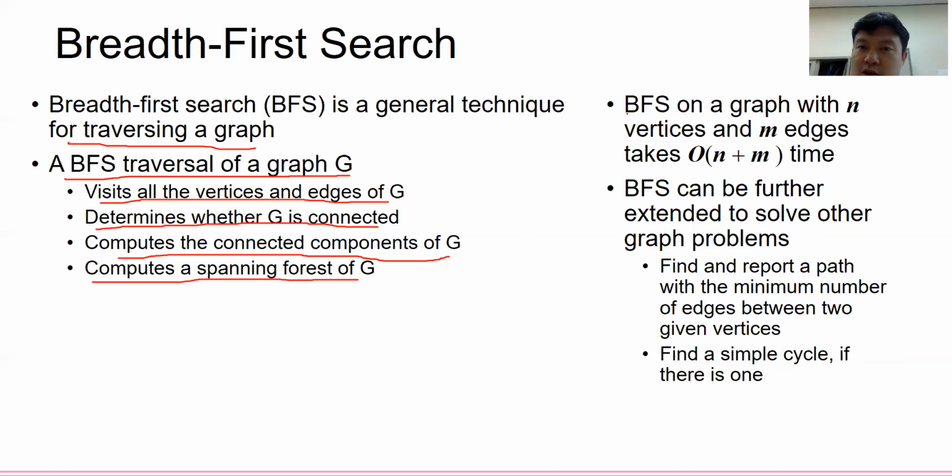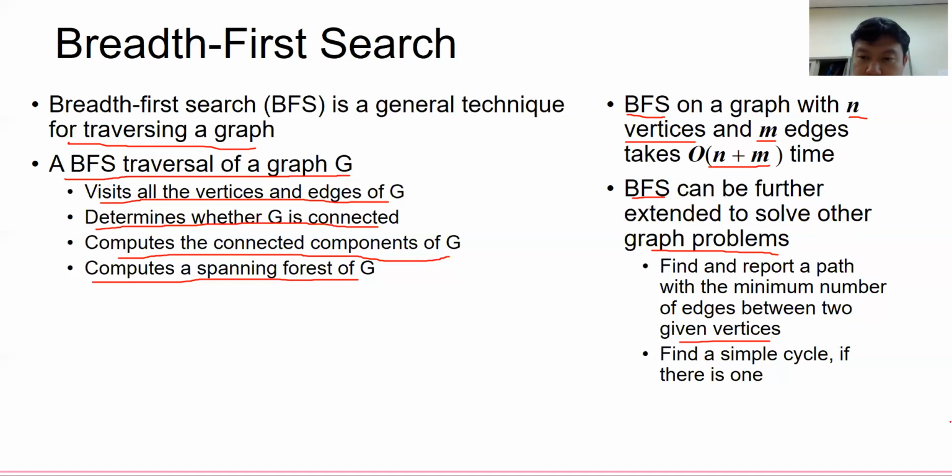In this concept, BFS will run in n plus m time. n refers to the vertices and m refers to the edges. The BFS can be further extended to solve other graph problems. For example, if you want to find and report a path with the minimum number of edges between two given vertices, BFS is good for navigation.